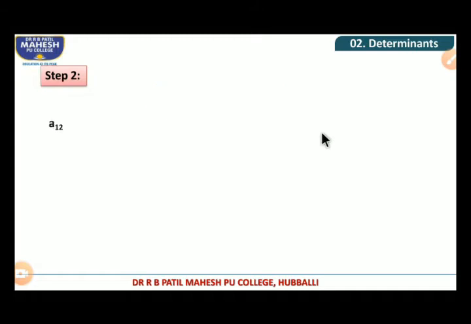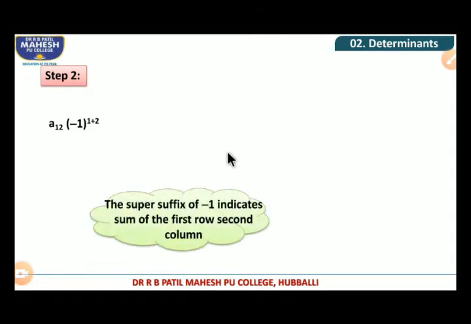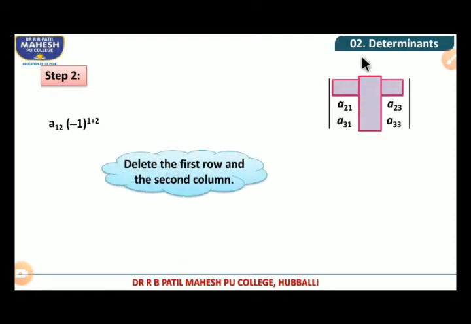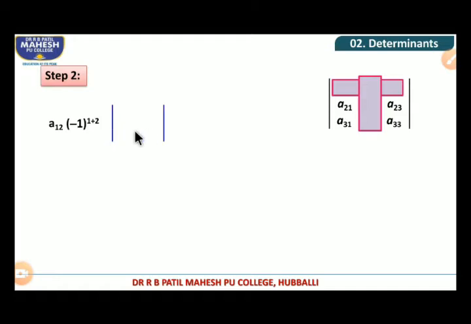Therefore, we consider A12 times -1 to the power 1 plus 2, because the superscript of -1 indicates the sum of the first row and second column, right, which is multiplied with the determinant obtained by deleting the first row and second column. Therefore, we have the determinant of A21, A23, A31, A33.